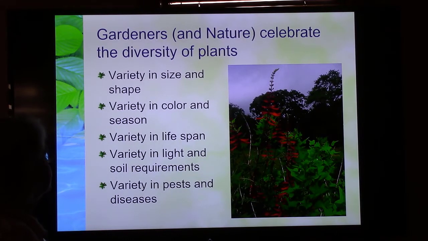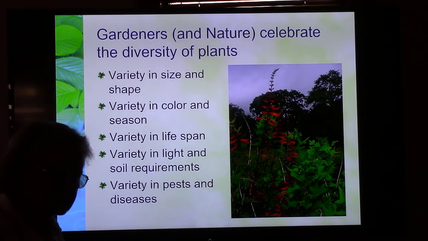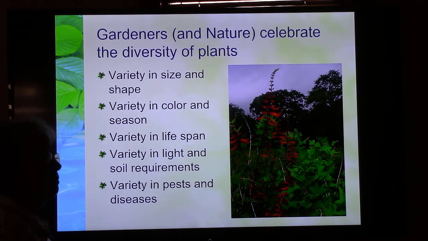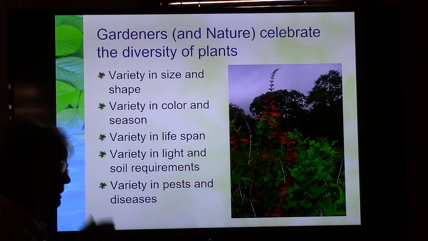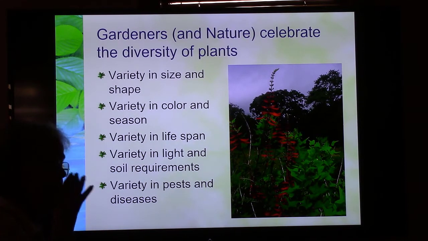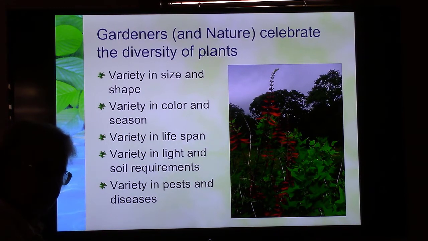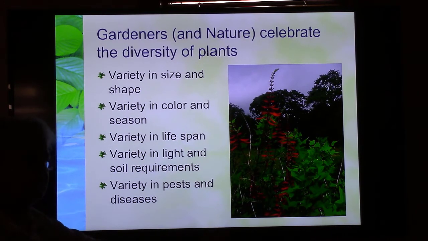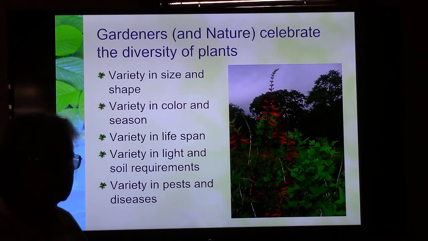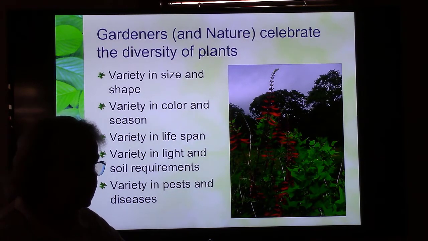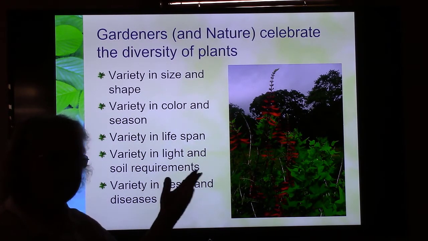Gardeners and nature celebrate the diversity of plants. And probably the lessons that you have had a chance to have in this class have given you an idea of the breadth of the plant kingdom, because you had an opportunity to learn about grass and lawns, right? And did you have a tree?